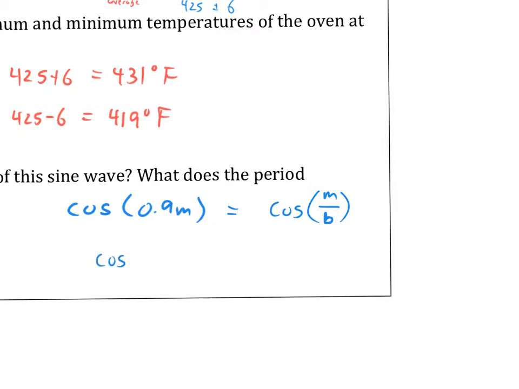Well, cosine now can be written as M over, instead of saying 0.9, we can say that as 9/10. So when I do the reciprocal to get down below, I get like so.